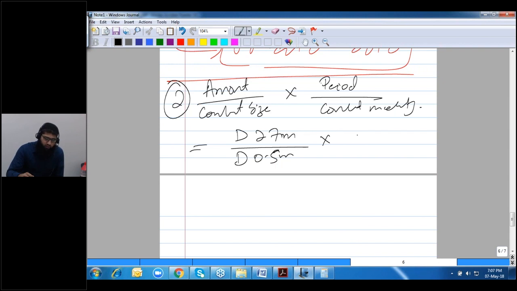We are going to be investing for a period of 5 months, and every contract has a maturity of 3 months. So how much is going to be the period for which we would be investing? The number of contracts is going to be what?